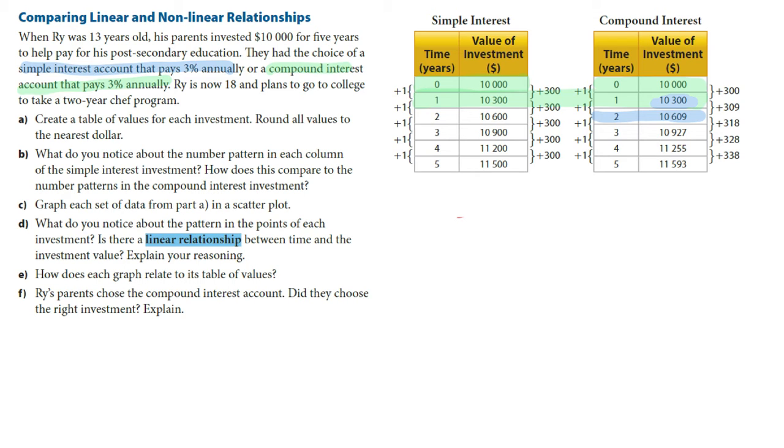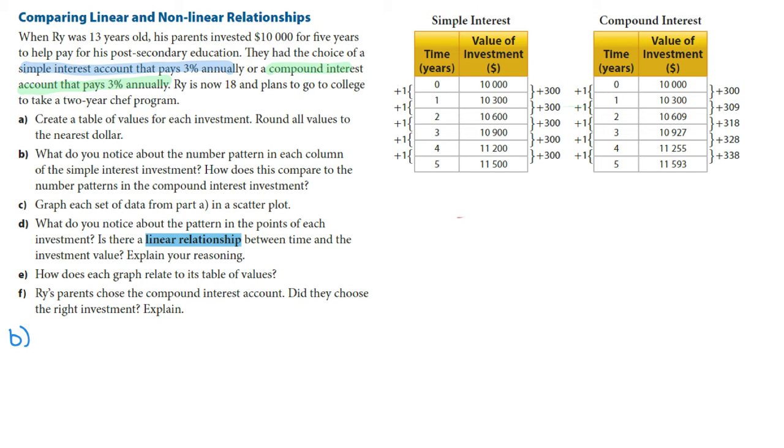So in the second year, we actually earn $309 interest. And in the third year, instead of earning interest on the original $10,000, we earn it on the $10,609 from the year before. So we're earning $318 interest. And so on and so forth until at the end of 5 years, we have $11,593 in interest.